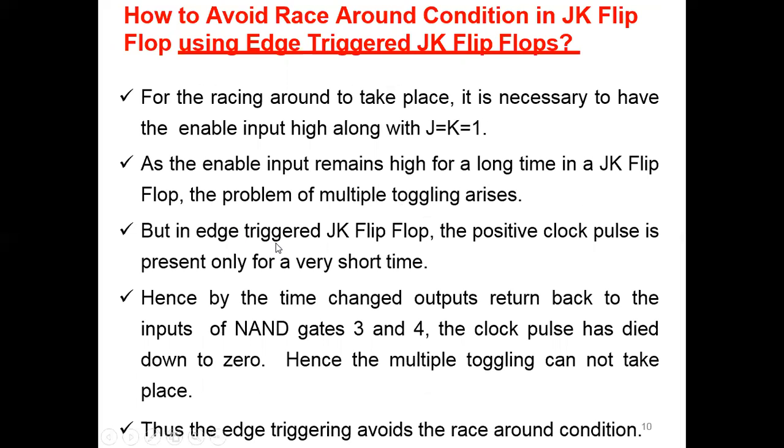But in the edge trigger JK flip-flop, the positive clock pulse is present only for a very short time, so no multiple toggle will arise. Hence, by the time the changed output returns back to the inputs of the gates, the clock pulse has died down to 0. Hence multiple toggle cannot take place. Thus the edge trigger avoids the race condition.